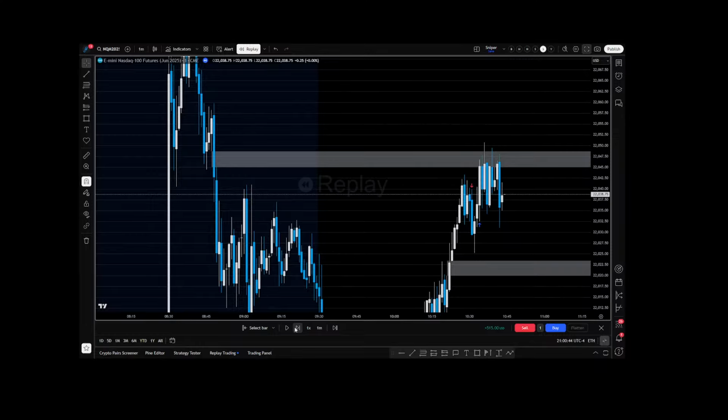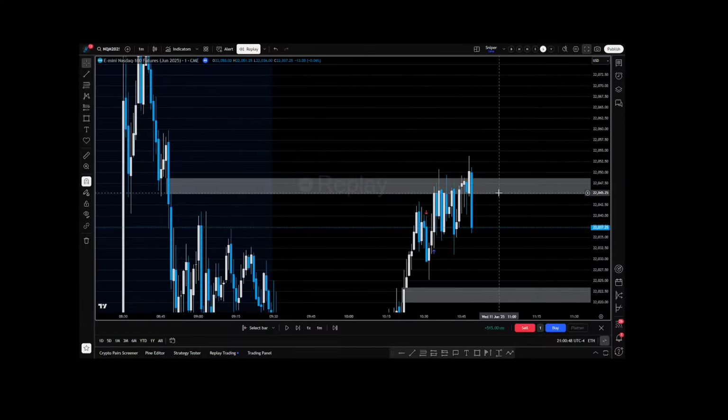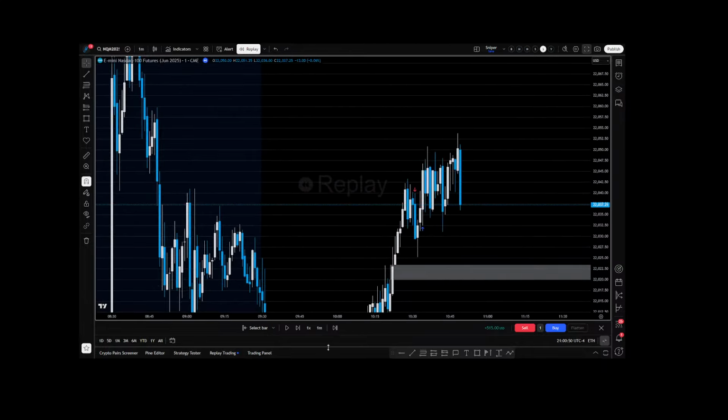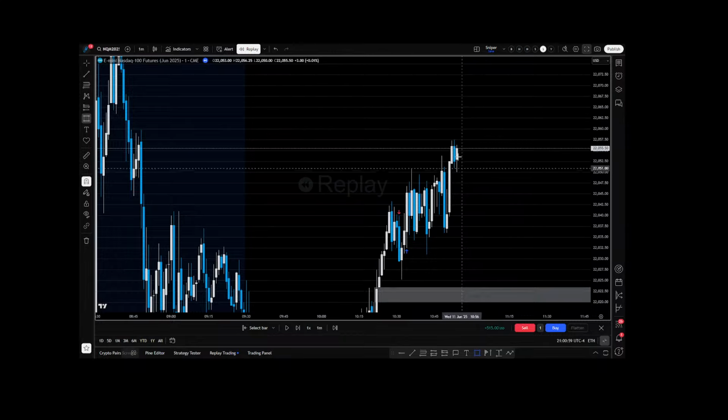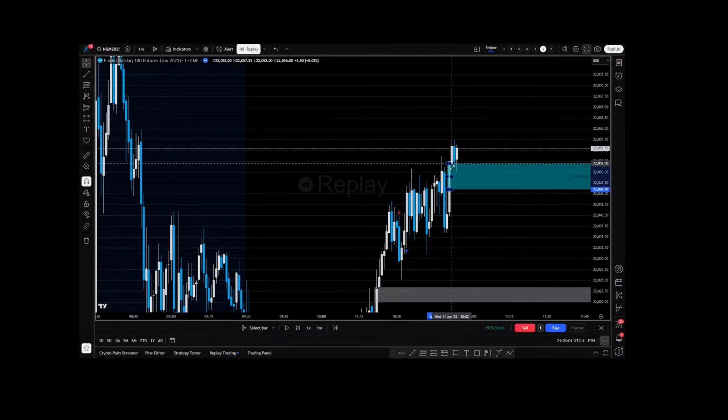Okay, more chop. No displacement so far. Oh, there it is. Okay, did not form any fair value gap. There's one here. Now this is really choppy. You see these wicks are just, wicks and movement is both ways right now.